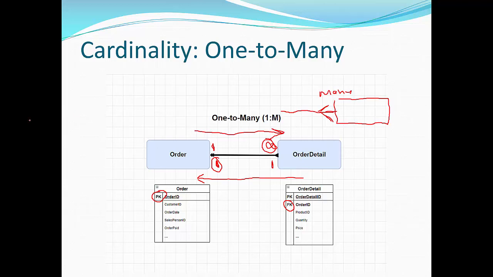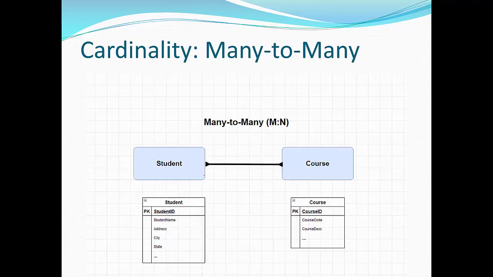Okay, so finally we talk about the many-to-many, and you can see right away that you have the crow's foot on both sides of the many-to-many. One thing you should know is we don't like many-to-many in database design.